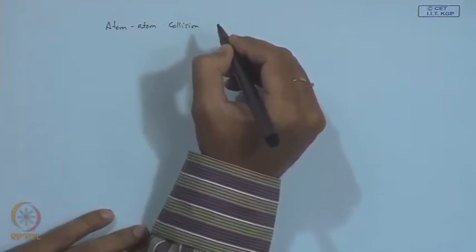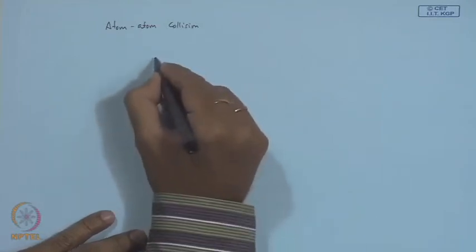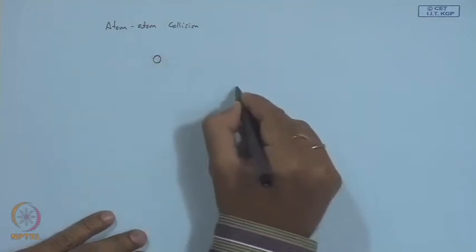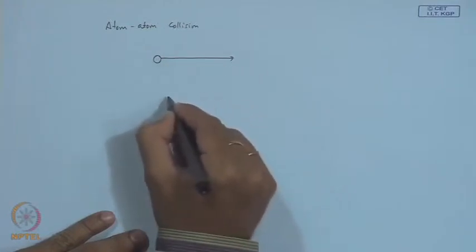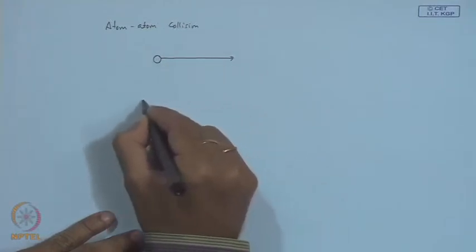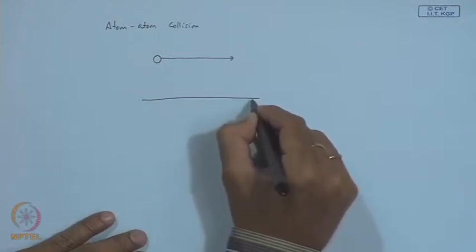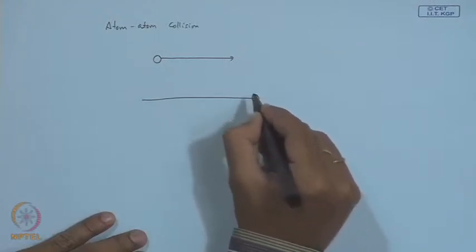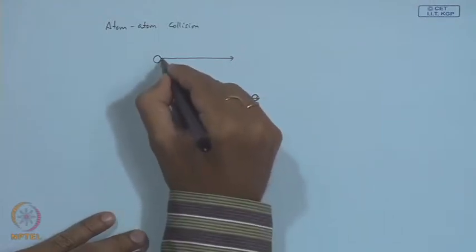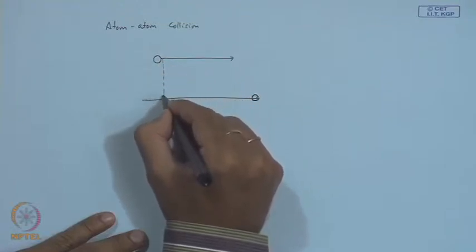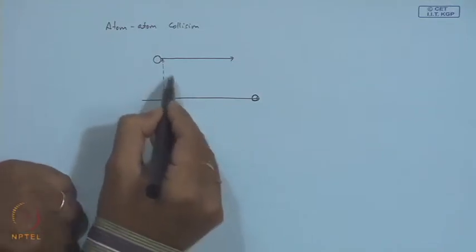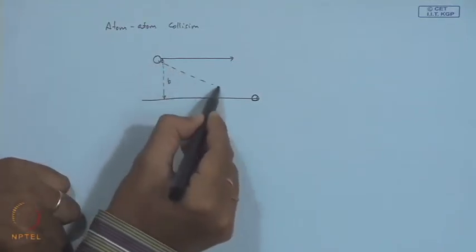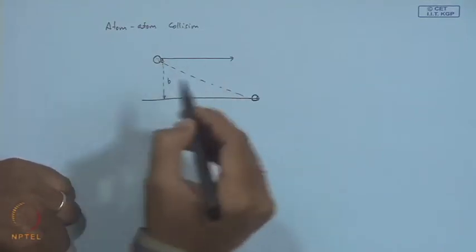Now, in that case, you have atom 1 and you have B over here. So, impact parameter B is this, and this is changing with time because it is moving this way.